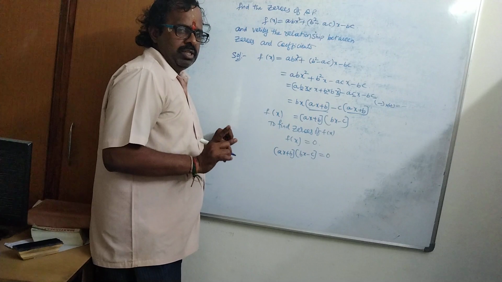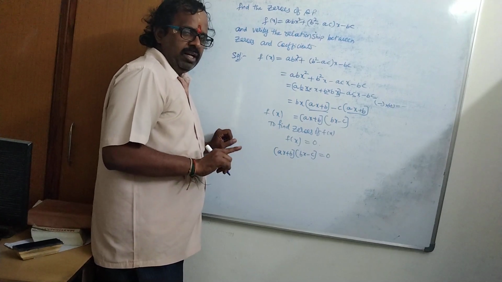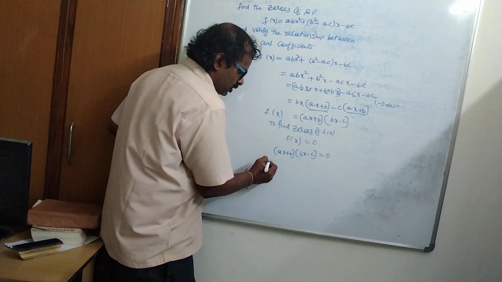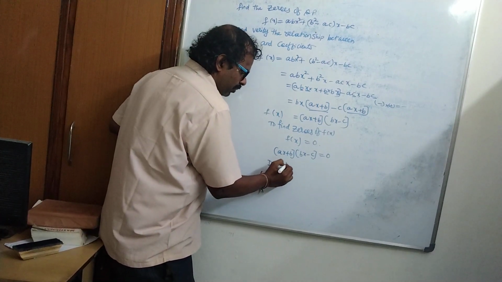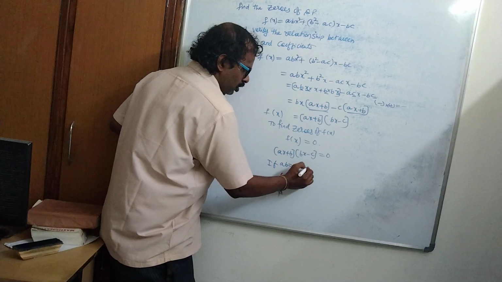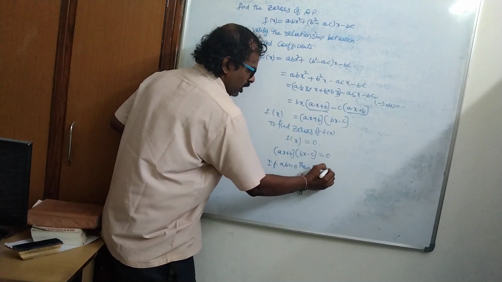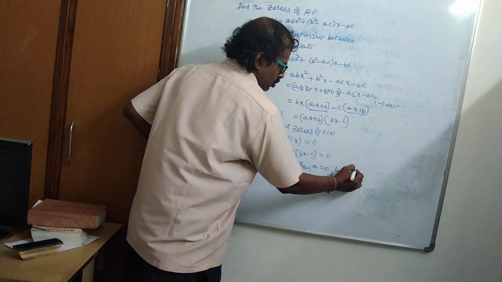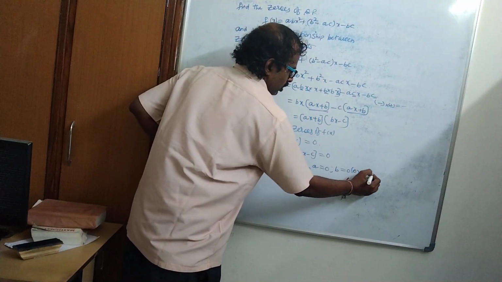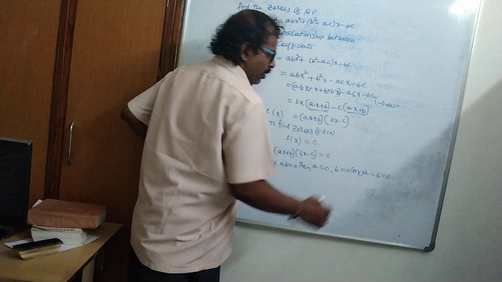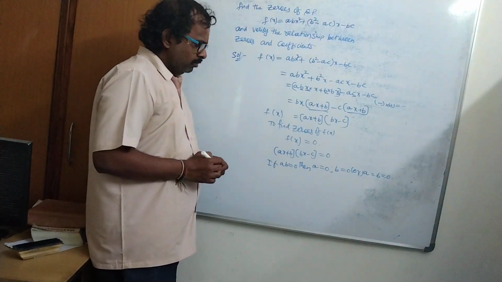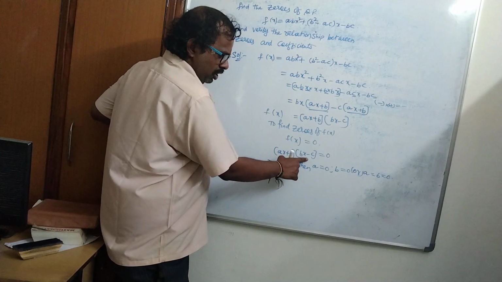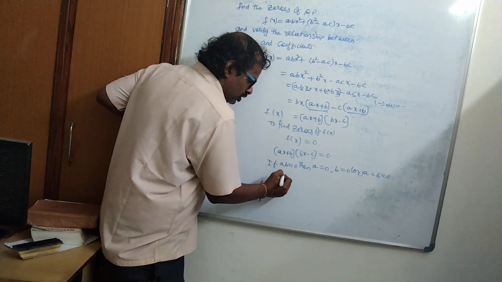Here when two numbers are getting multiplied and their final result is 0, that means one of them should be 0. If ab is equal to 0, then a is equal to 0, or b is equal to 0, or both are 0. That means either this should be 0 or this should be 0, or both of them should be 0.